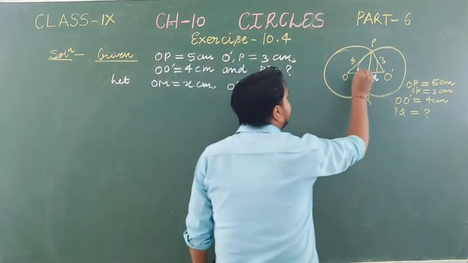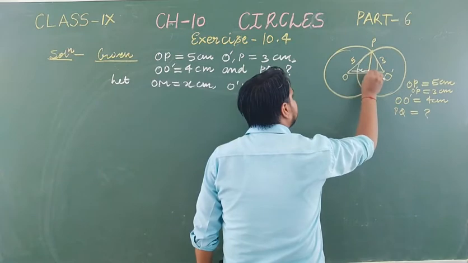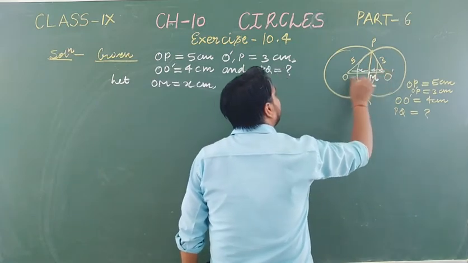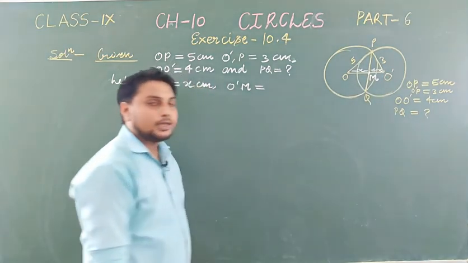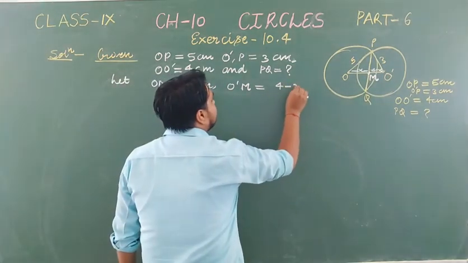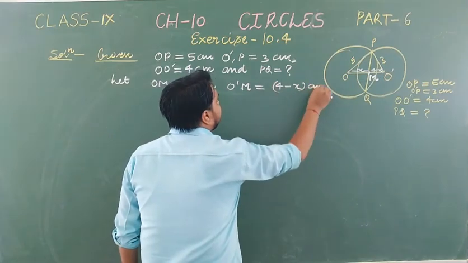See, this distance we are supposing as x, so this distance will be 4 minus x, because the total distance is 4 centimeter.